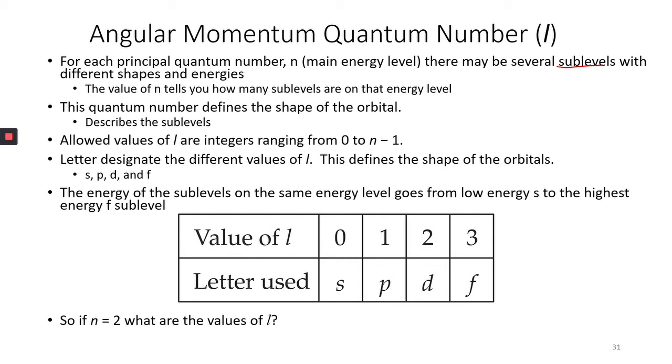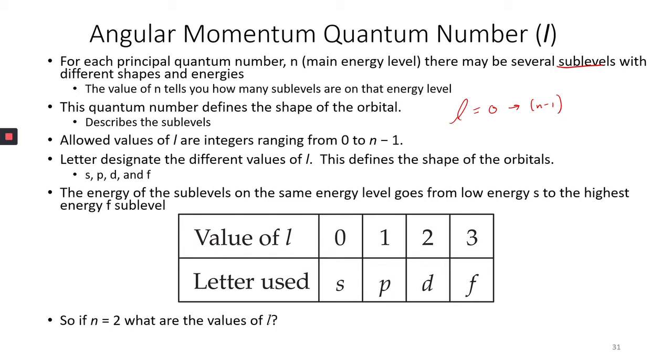We already saw the first one, which is the S, which looks like a sphere. The letter we use to represent this is L, and the values for L can range from 0 to n-1. I always like to say it was like a decoder.